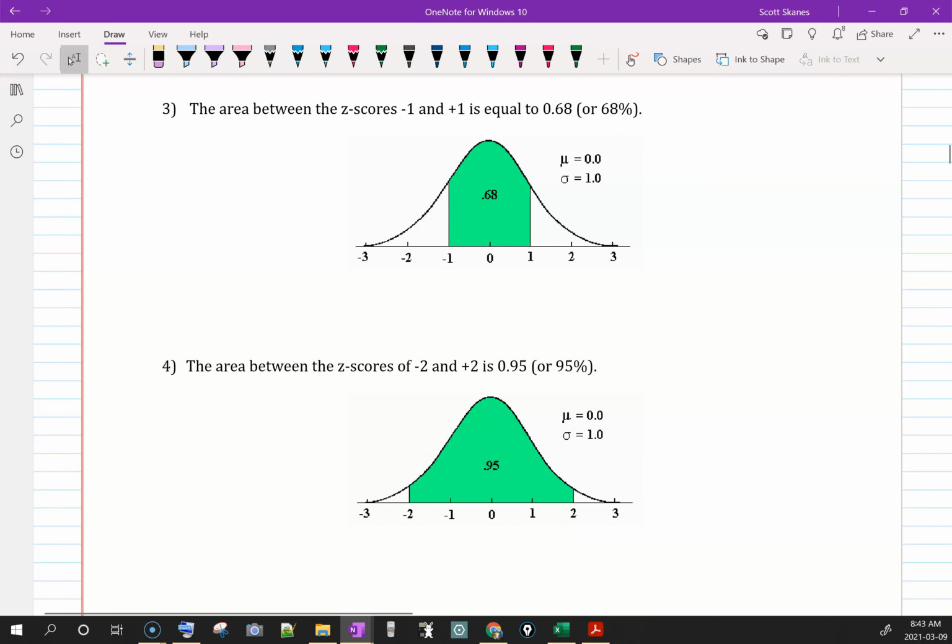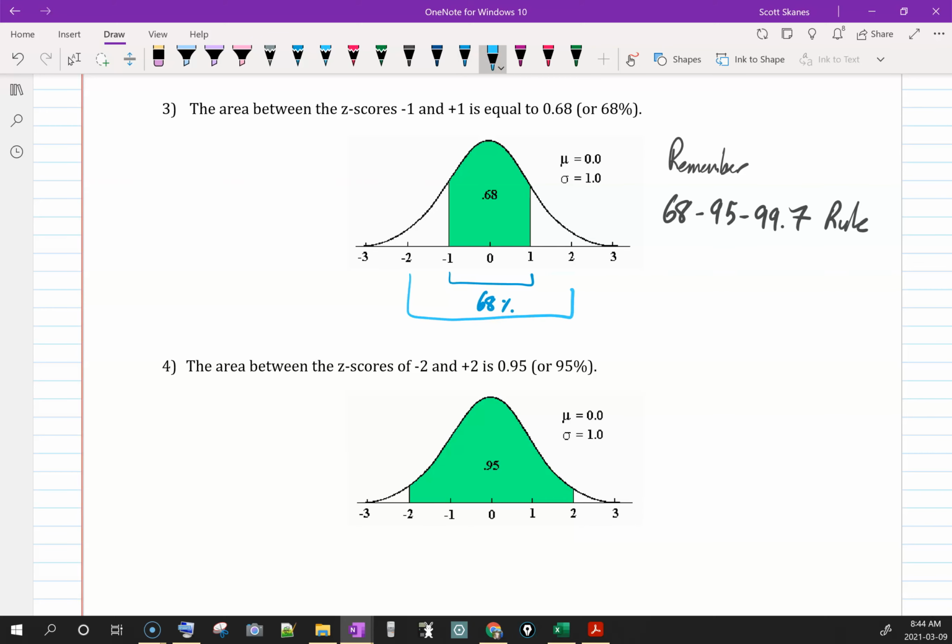And this also is nothing new. The reason I'm saying it's not new is because what you should do is remember we had our 68, 95, and 99.7 rule. And that rule told us that between plus and minus 1 standard deviation, we've got 68%.